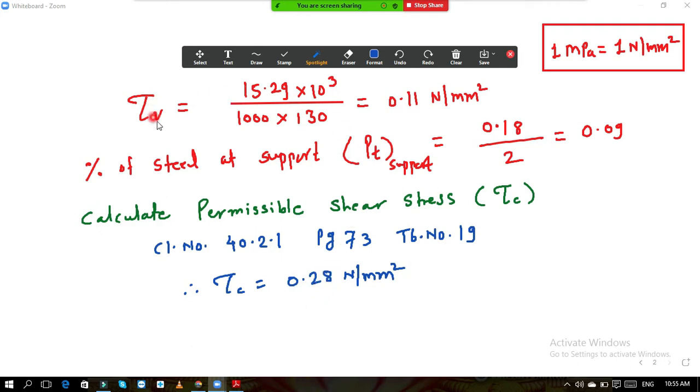But actually the stress getting developed is 0.11. So it is safe, because 0.11 is the actual stress in the slab and the permissible stress is 0.28. This quantity is greater, so naturally it is safe. So tau C is greater than tau V, hence it is safe in shear.